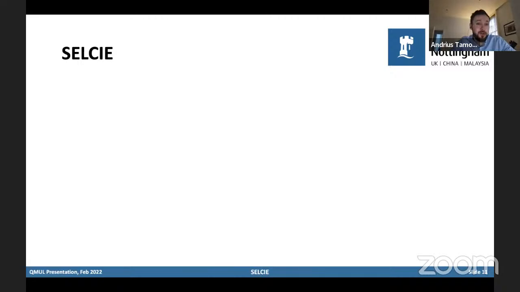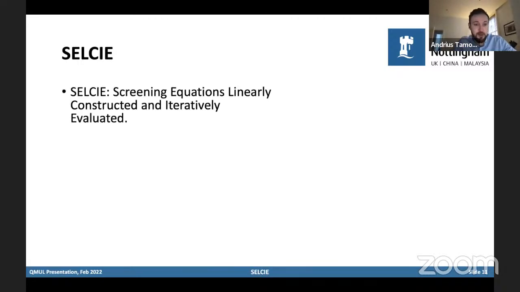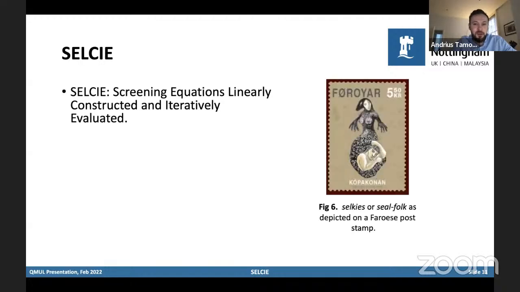Okay, so the code is called, following the traditions of bad acronyms, Selkie, which stands for Screening Equations Linearly Constructed and Iteratively Evaluated. But the word itself, Selkie with a K, actually stands for a mythological creature from Nordic mythology, which is half seal, half man or woman.